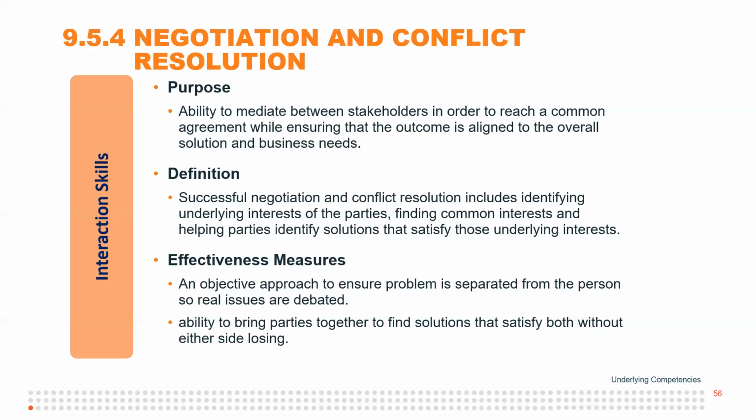And then the effectiveness measures of this are, do you take an objective approach which ensures that the problem is separated from the person and you're just debating the issues, not the person. And then do you have the ability to bring parties together to find solutions that satisfy both without either side losing? So that's the win-win thing. And making the pie bigger, right? So that everybody can have a piece of the pie.